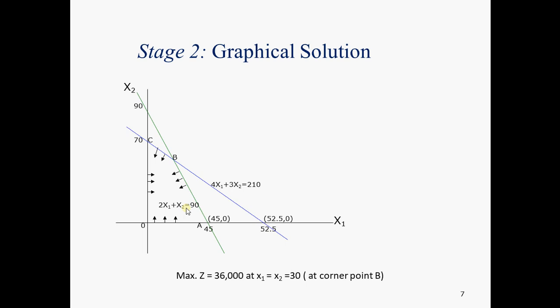We'll discuss that under special cases. You may have more than one optimal solution also, that's called an alternative optimal solution. For example, if you want to travel from city A to city B, you will sometimes have 10 routes.